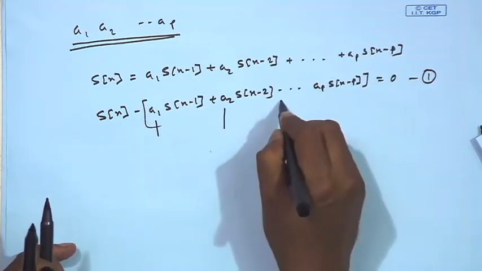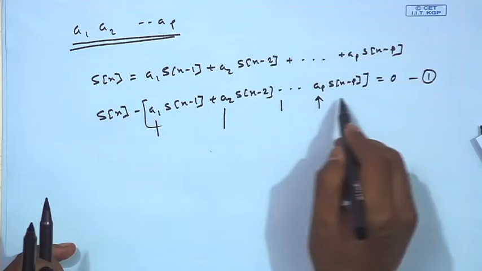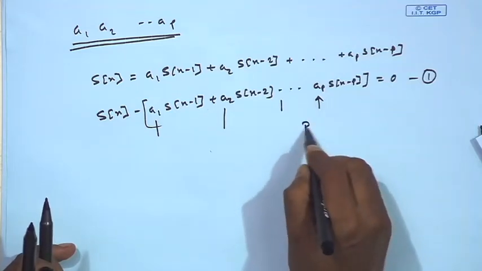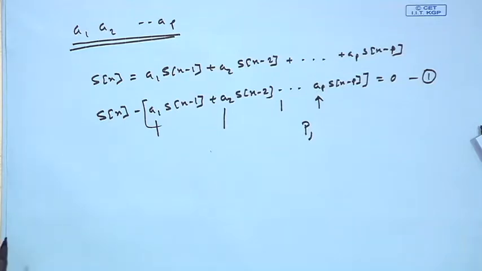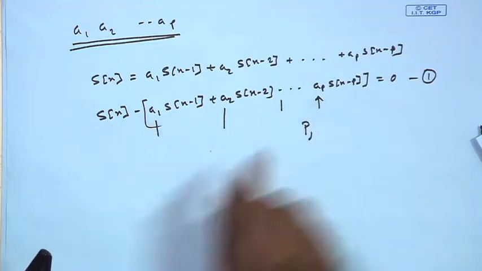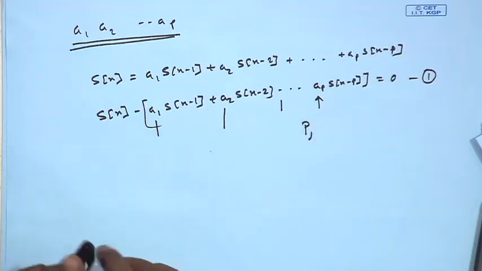A1, A2, A3 up to AP. So in a pth order equation, I get p unknowns but only a single equation. If I have 2 unknowns, how many equations do I require to derive them? 2 equations. But here there are p unknowns and only a single equation.